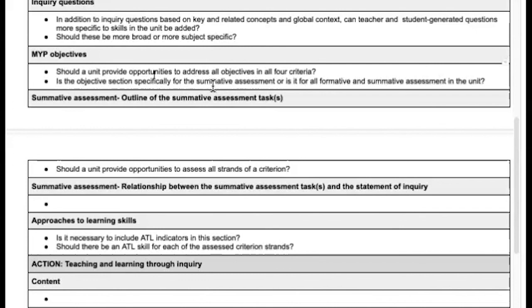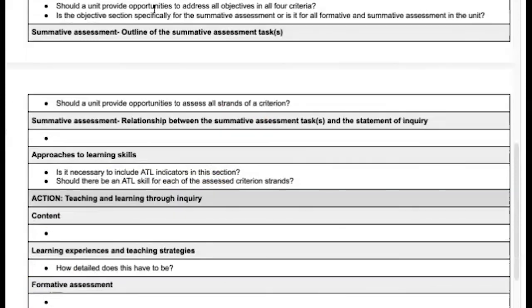So whatever objectives and objective strands you're going to summatively assess, you're also going to be providing formative informal feedback and formative tasks that provide students with feedback in those same objectives or criteria strands. On this question, should a unit provide opportunities to assess all strands of a criterion? I think that it's the same question as here. So I think we have answered that already.